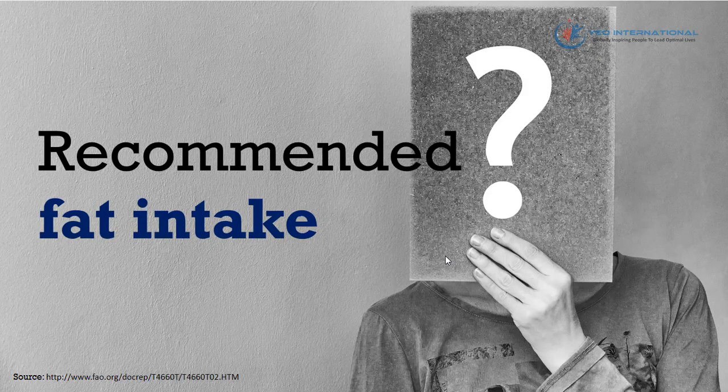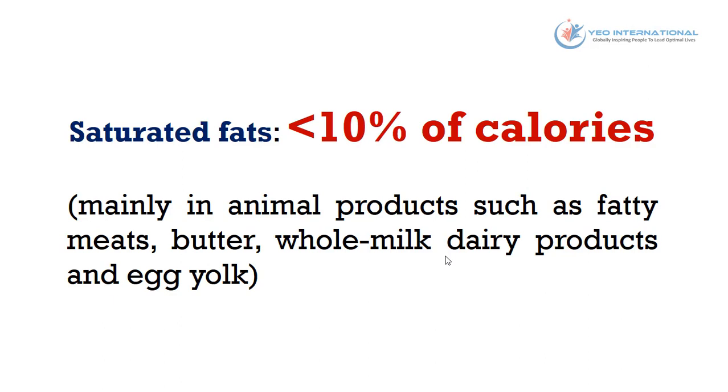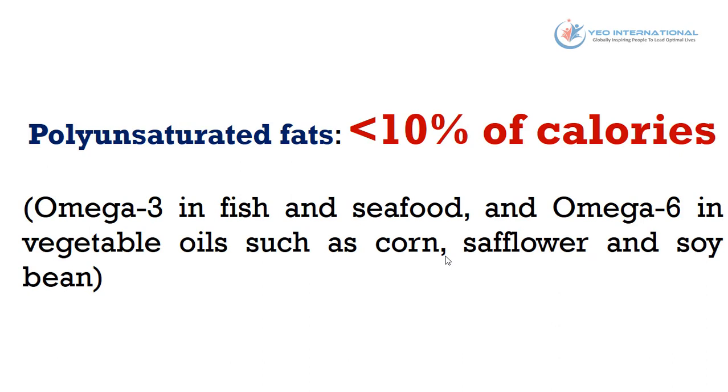So moving on to the recommended fat intake. Saturated fats should contain no more than 10% of your calories, and saturated fat can be mainly found in animal products such as fatty meats, butter, whole milk dairy products, and egg yolk. The next category of fats would be polyunsaturated fats.